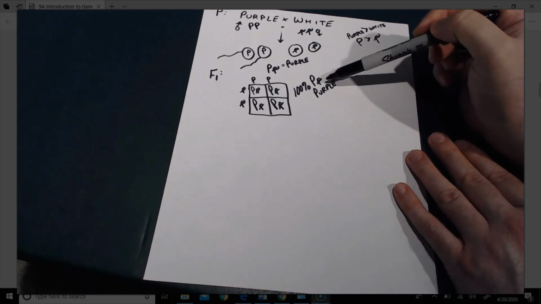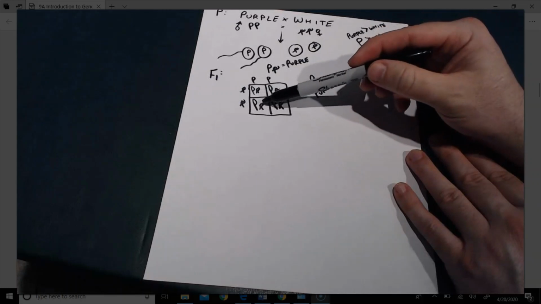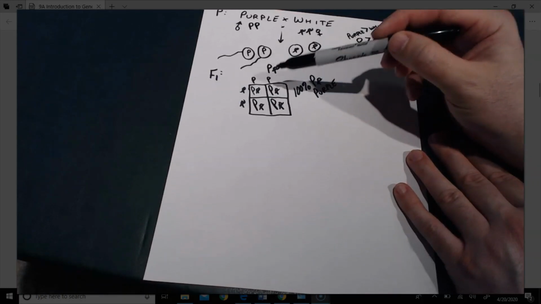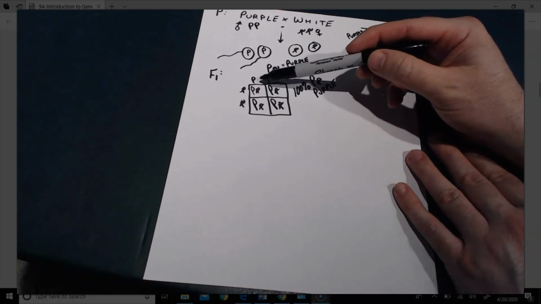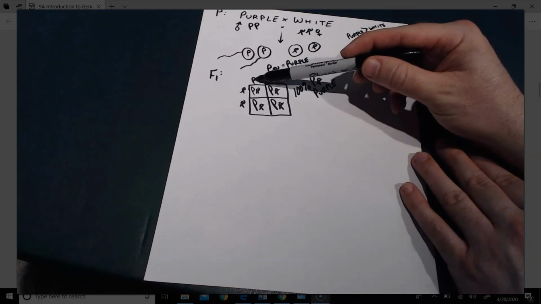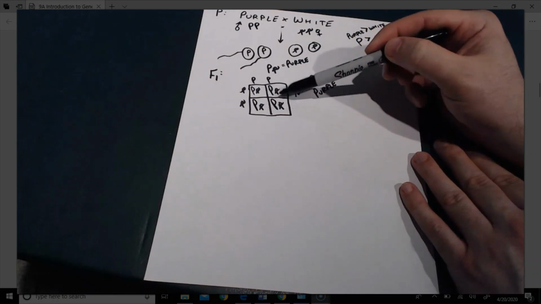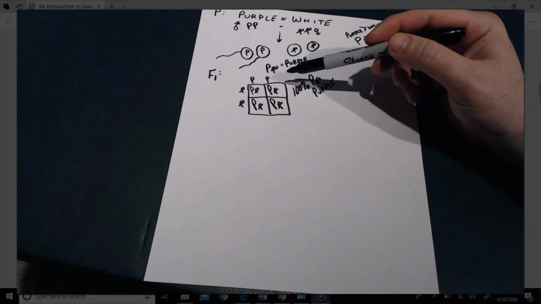Theoretically, they should all be big P, little p. They'll turn into purple flowered plants. These are not kids in here. That's very confusing. These are the events, the random fertilization results, that could happen. So if this was the sperm that was used and this was the egg, there you go. This is your result of meiosis and random fertilization.